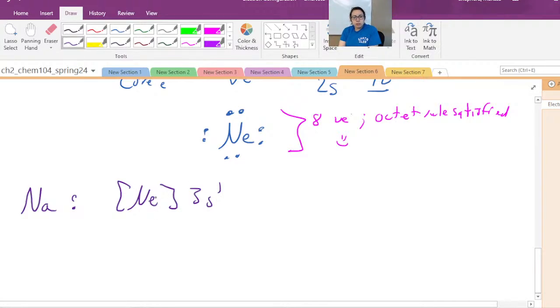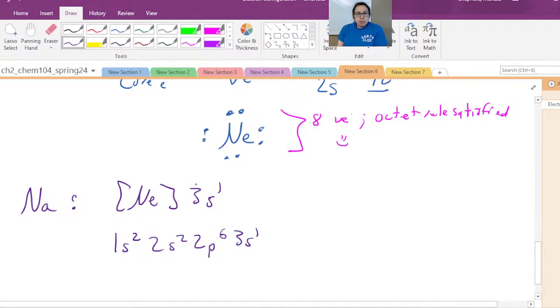All we're saying is beginning with the electron configuration of neon, and then 3s1. And then of course you can write the full version. On an exam, I'd probably accept both. I don't think I'd ever ask specifically for one and not accept the other. But at this point we are saving some pen ink, so I'd probably use the abbreviated version.